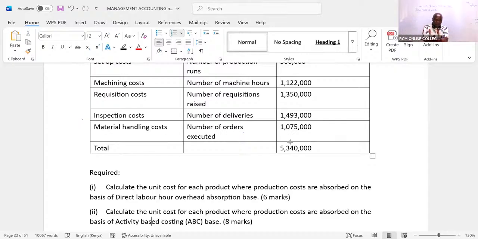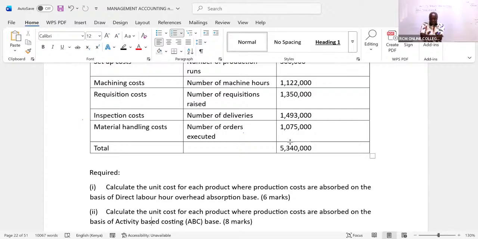Which method are they talking about here? The traditional method, because the traditional method is the only one which makes use of one factor. And the factor in this case is direct labor hour.